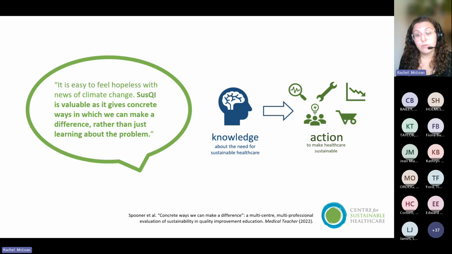And what the evaluation found was that SusQI teaching and resources helped to provide a concrete way to make a difference rather than just learning about the problem, which went on to provide increased motivation for improving care and for quality improvement processes. So it was really key in taking this knowledge about a problem and translating it into action, which is really what we need.